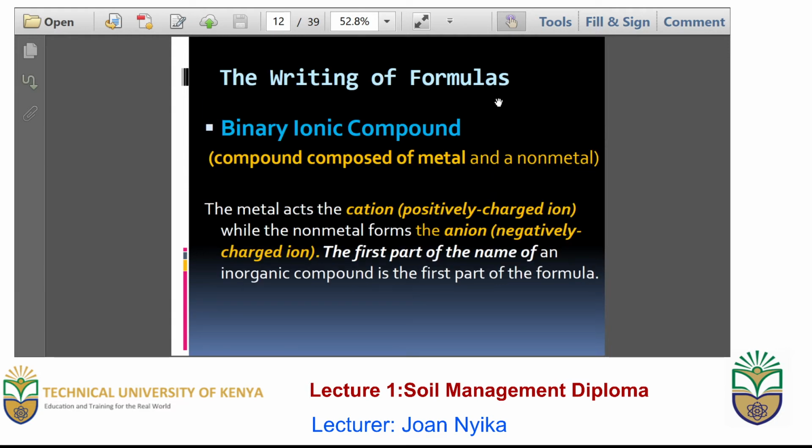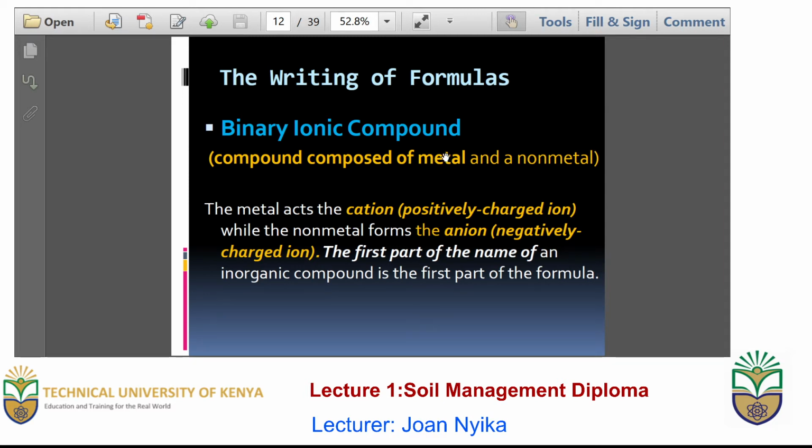When you are writing formulas, we will consider binary ionic compounds. When I talk of binary, it means 2. And remember from previous classes, when I talk of ionic compounds, I talk of a compound that is formed of a metal and a non-metal. Usually the metal is the cation and the non-metal is the anion.